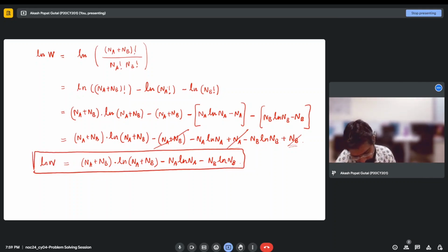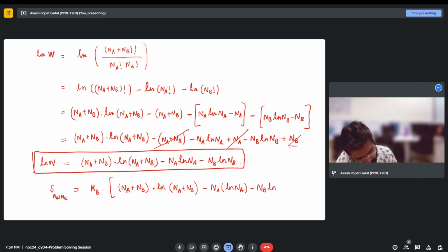Once we have ln W, we put this in the entropy equation. The entropy is kB, the Boltzmann constant, times the natural log of the number of microstates that we found: (Na plus Nb) ln (Na plus Nb) minus Na ln Na minus Nb ln Nb.